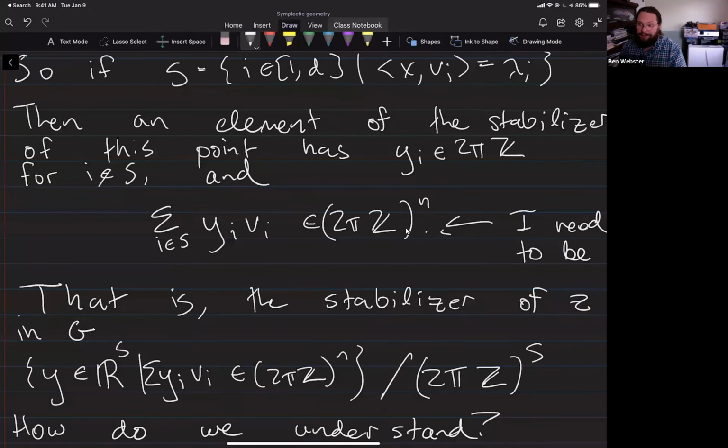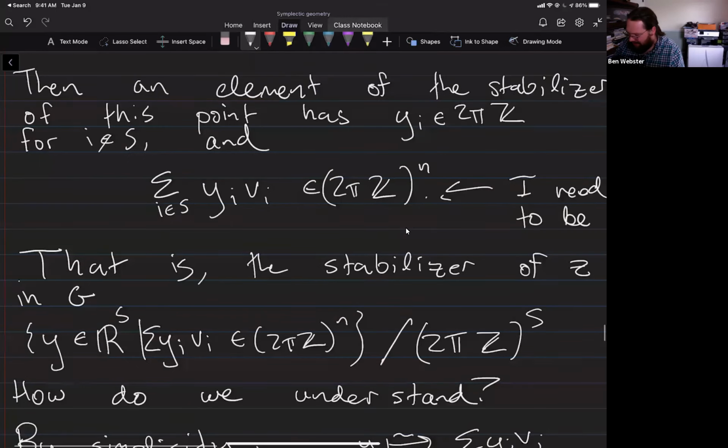So I'm modding out by 2 pi of Z to the S, with the indexing set S. All right, so that's just unpacking the definition. That's what the stabilizer is. And I'm interested in, when is this stabilizer 0 or not?